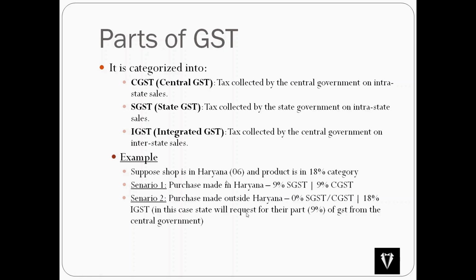Then someone comes to you and purchases some goods from you, and let's say that good's category is 18%. Then your sale will be in that state only. So 9% will be given to the Bihar government, and 9% will be given to Delhi, that is the center. You can say center is Delhi.